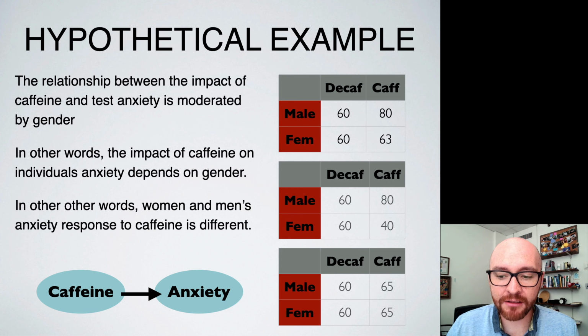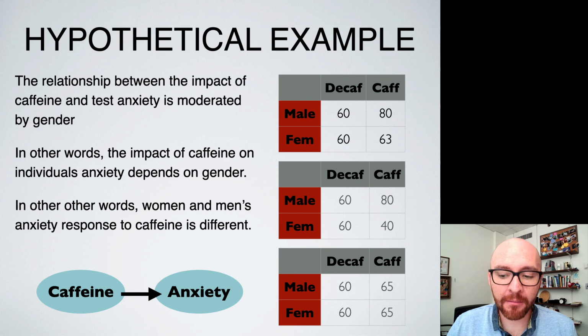So let's look at the next one. It looks like here in this situation, let me explain this another way. The participants who report drinking caffeine are more anxious than the ones that report not drinking caffeine for the male participants.